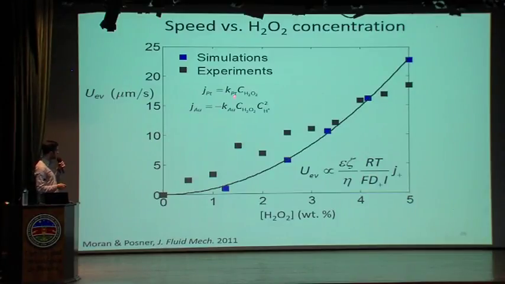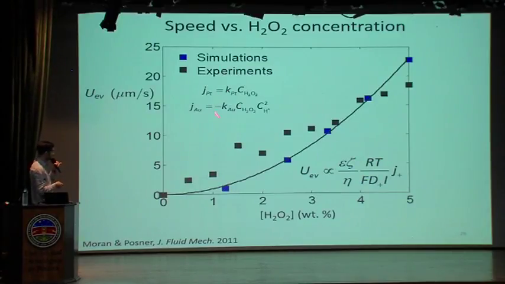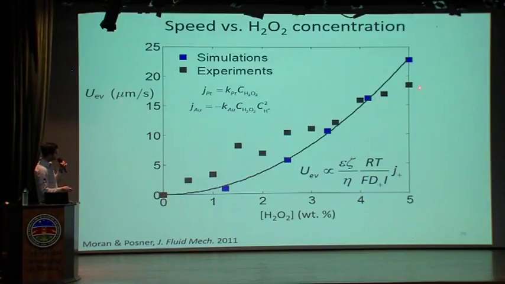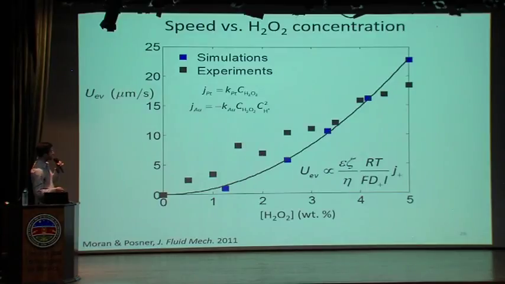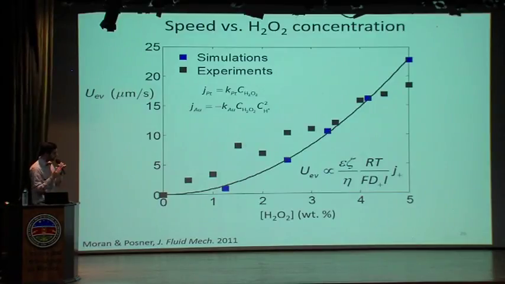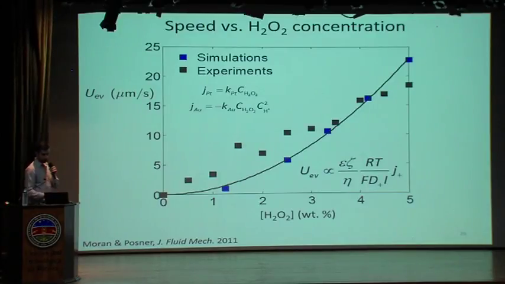The main reason, I think, is that these rate constants tend to vary with the peroxide concentration. We're not including that here just for simplicity, but it's very possible that they could decrease out here and increase here. And if that were the case, then the agreement would be improved. But the agreement still is quite good.